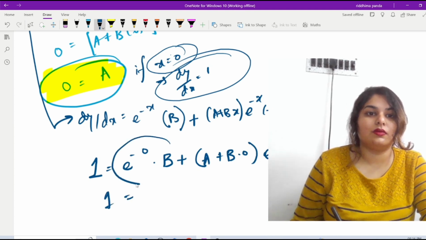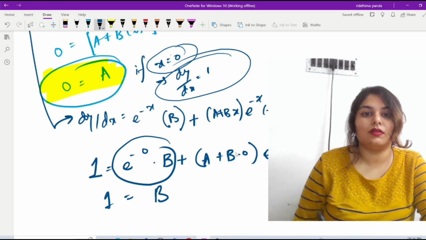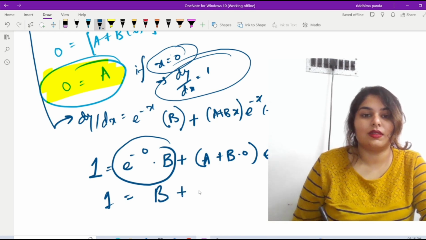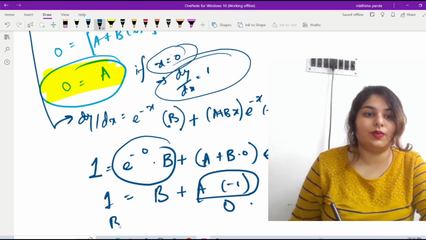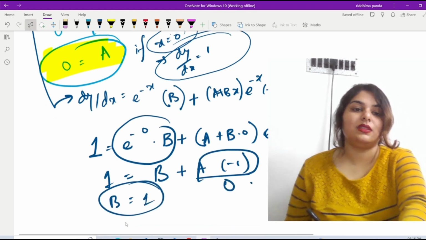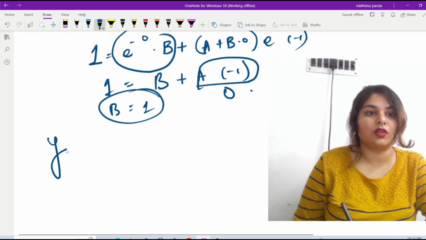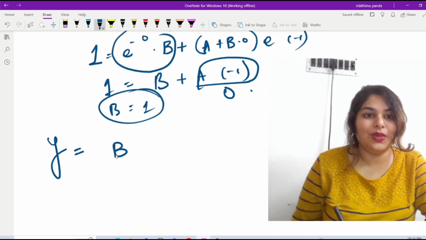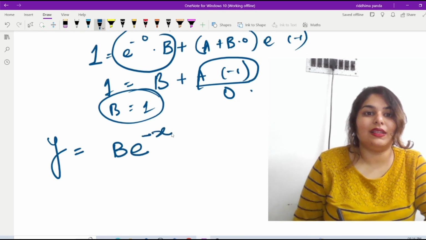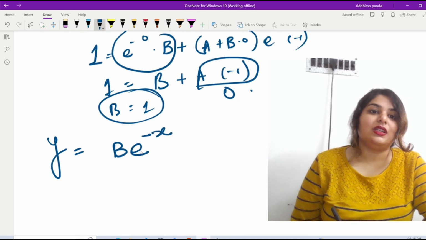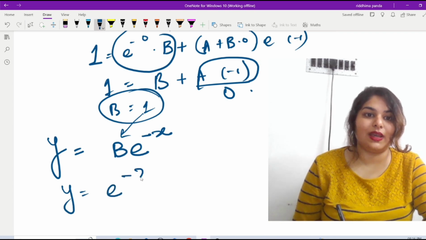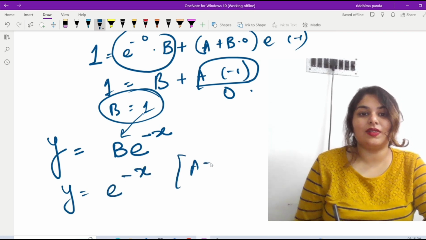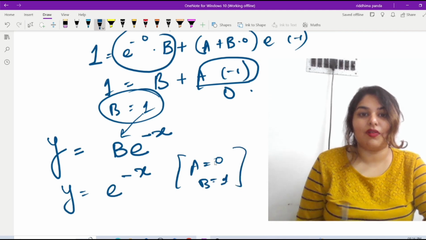So 1 is equal to b minus a. Now a is already 0, we know, so b is equal to 1. That means we have got our solution, y is equal to b into e to the power minus x as a is equal to 0. Since a is equal to 0 and b is equal to 1, y is equal to e to the power minus x.